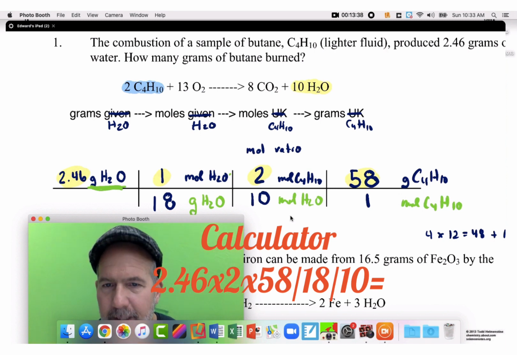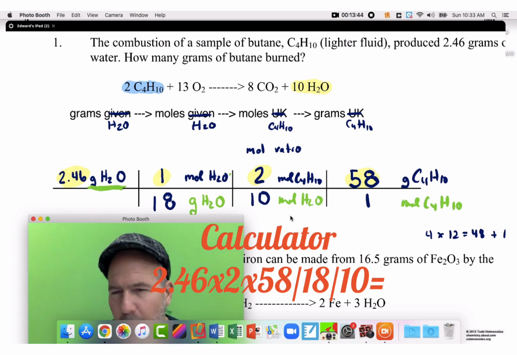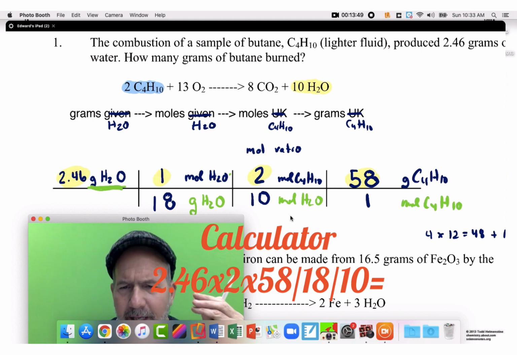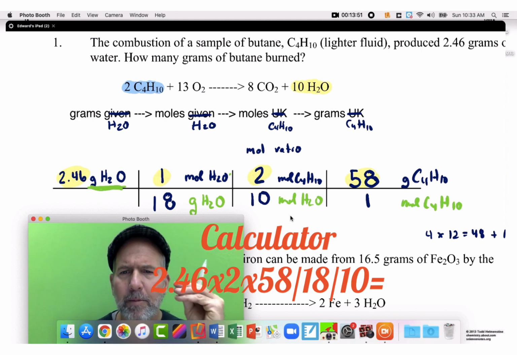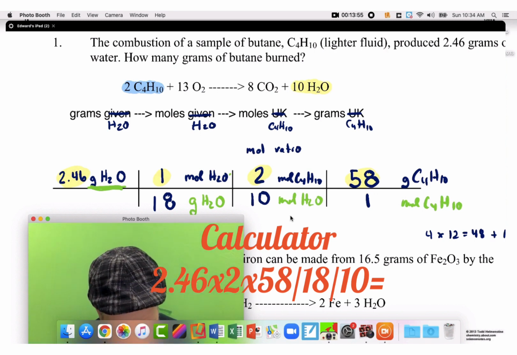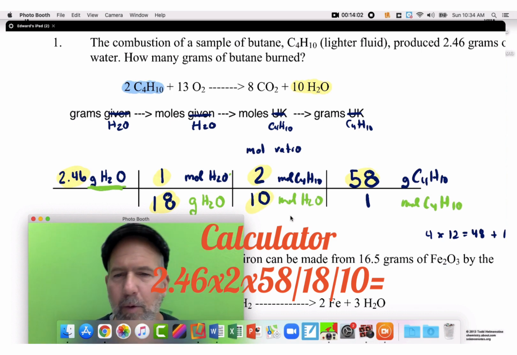As long as it's on the top, put a times sign in front of it. And if it's on the bottom, you don't have to worry about parentheses or anything like that. Just put a divide sign in the calculator before it. So you're going to put in divided by 18, divided by 10. And you can put divided by 1, but you don't need to do that.